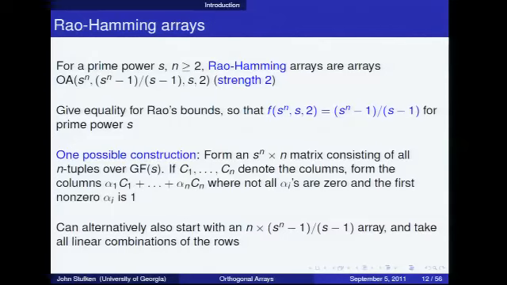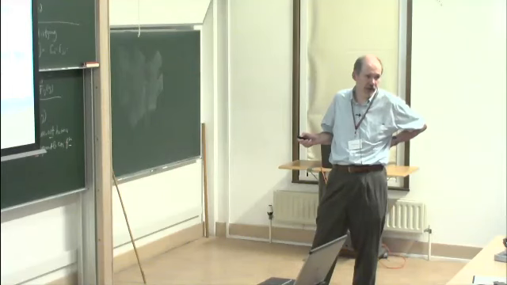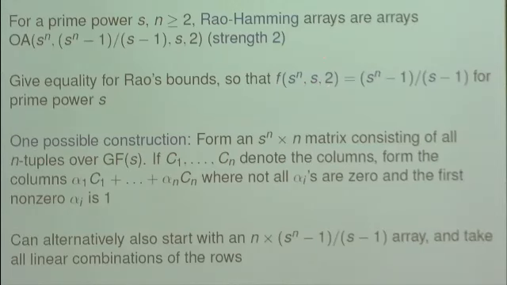And that number is actually exactly equal to the bound in Rao's inequalities. So you get exactly the maximum number. You know that that's going to be the maximum number, hence you know the function lowercase f for s to the n, s, 2 is exactly equal to that number of columns in these orthogonal arrays.